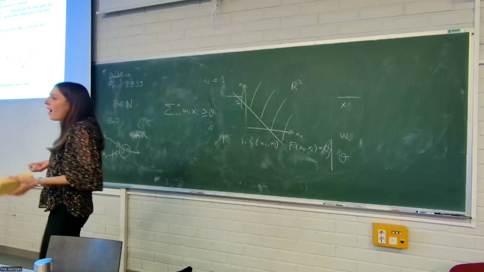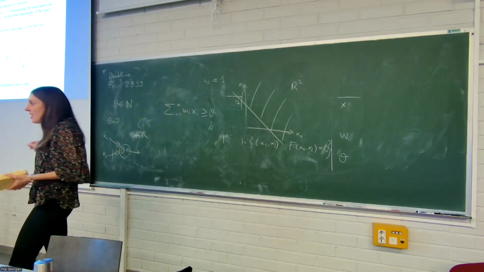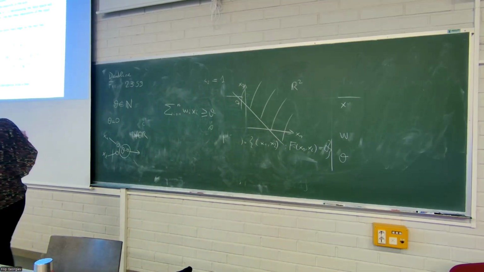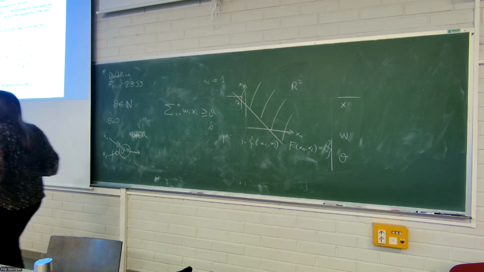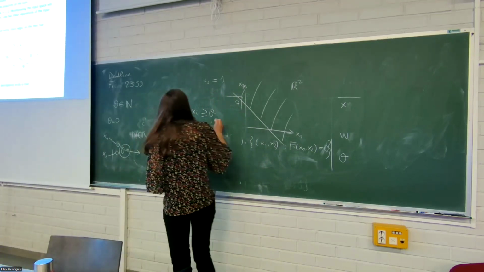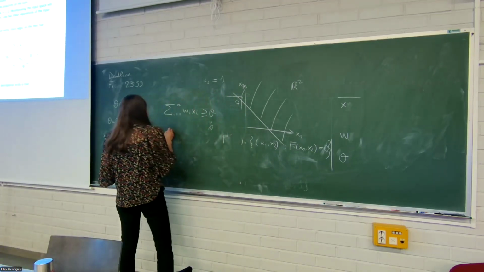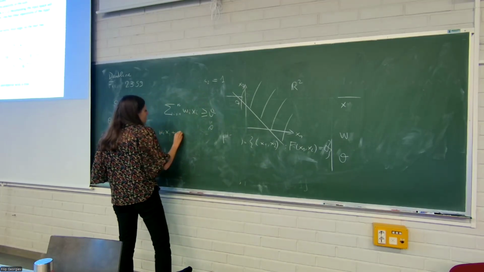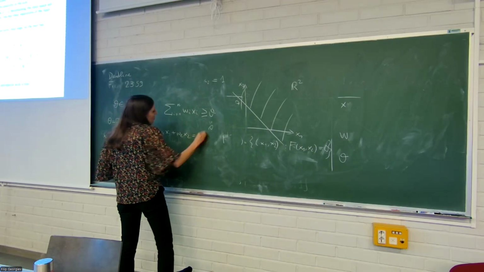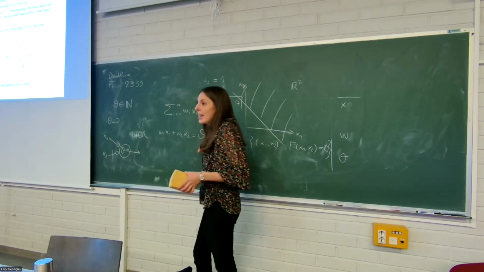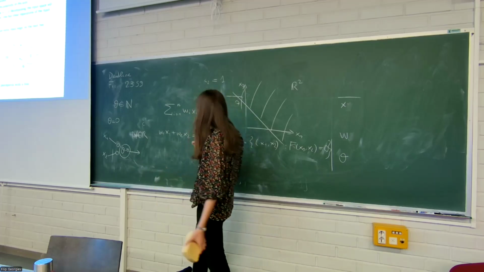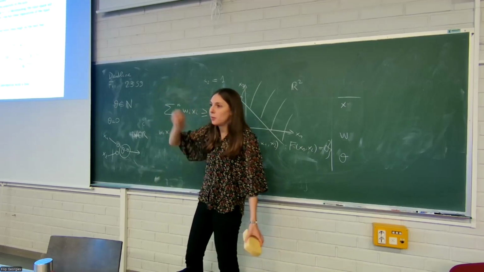There's another reason why we like theta equal to 0. When we have theta, for example in the case of a straight line, w1 x1 + w2 x2 equals theta, this line doesn't pass through the origin if theta is different from 0. Do you agree that when theta is 0, all these lines pass through the origin?